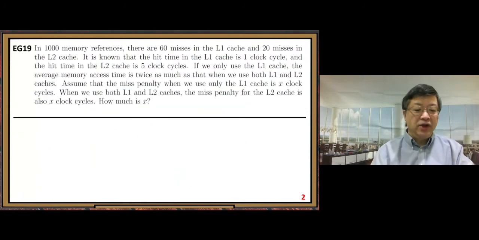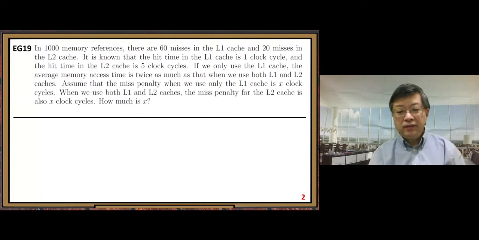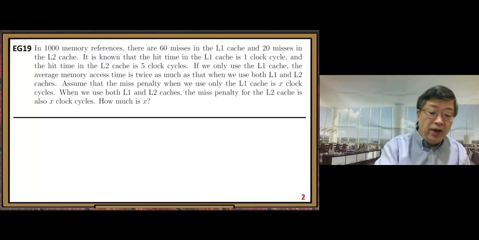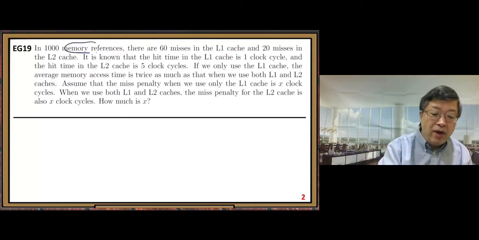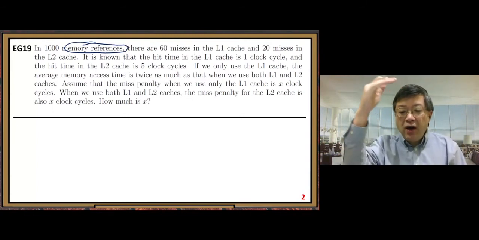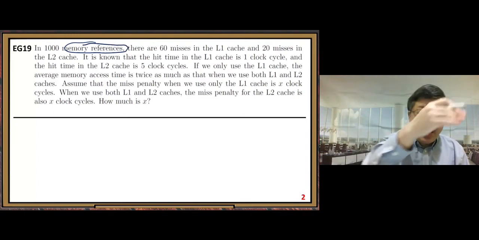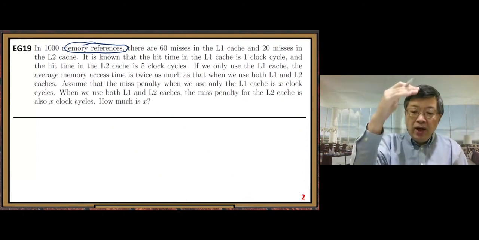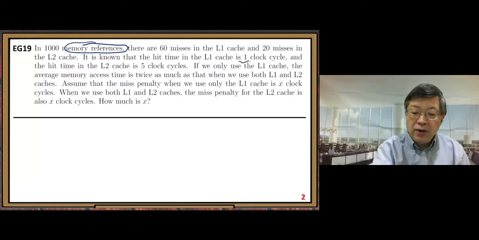Second one, example 19. It is a long question, but not very difficult. In 1,000 memory references, there are 60 misses in L1 cache, 20 misses in L2 cache. Hit time L1, 1 clock cycle.